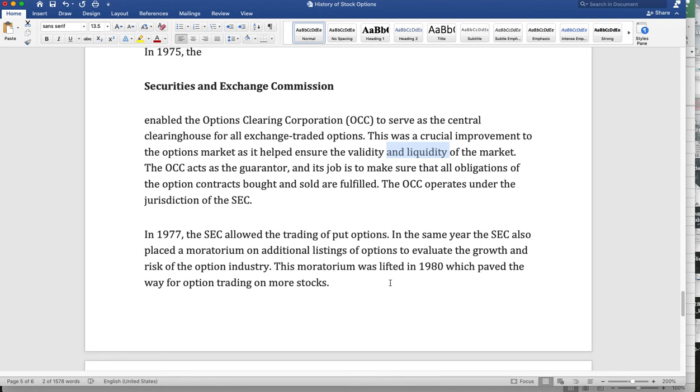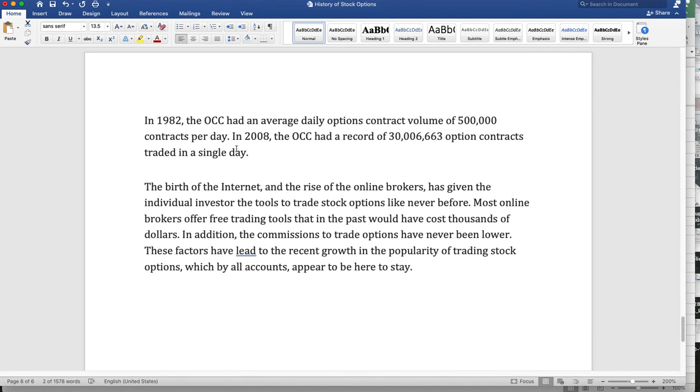This moratorium was lifted in 1980, which paved the way for option trading on more stocks. In 1982, the OCC had an average daily options contract volume of 500,000 contracts per day. In 2008, the OCC had a record of over 30 million option contracts traded in a single day.